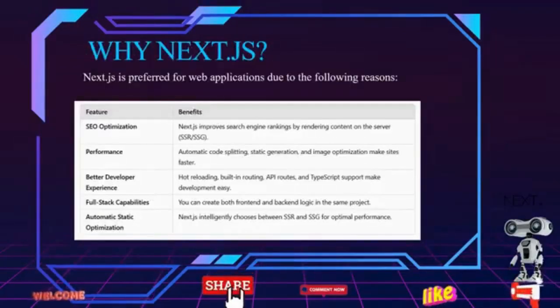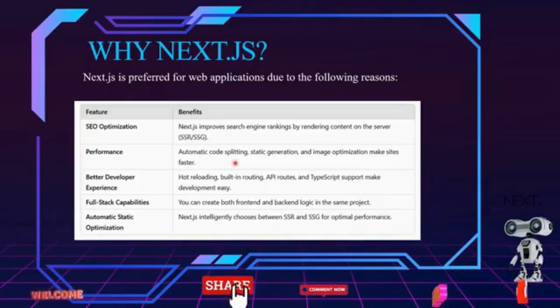Then, why do we use Next? Next is for performant web applications due to the following reasons: SEO, performance, better development experience, full stack capability, and automatic static optimization. SEO means improving search engine ranking by rendering content on the server.